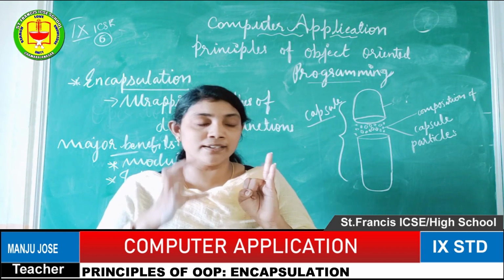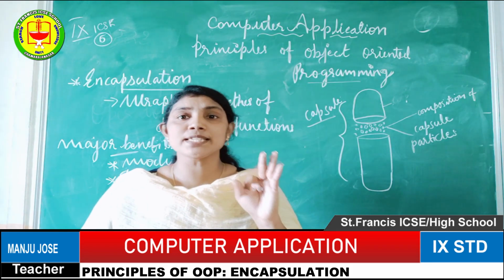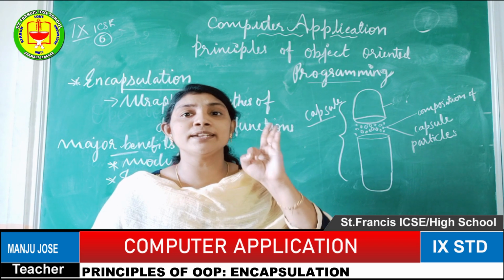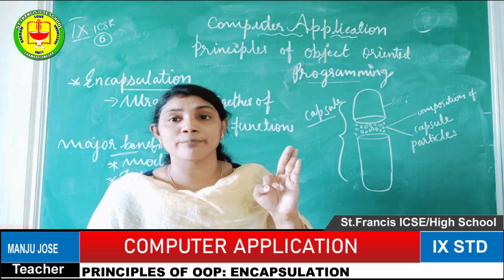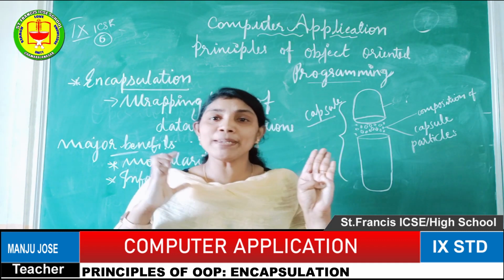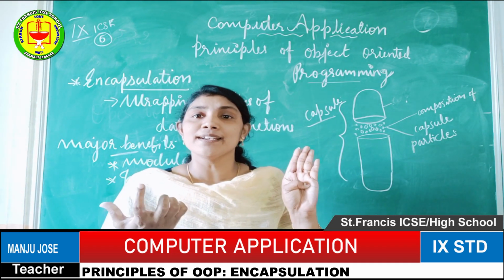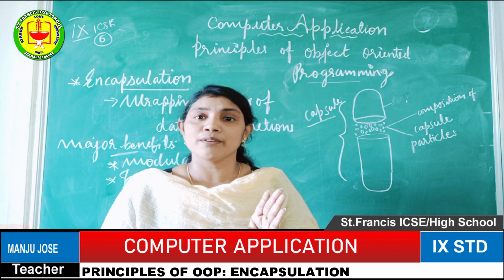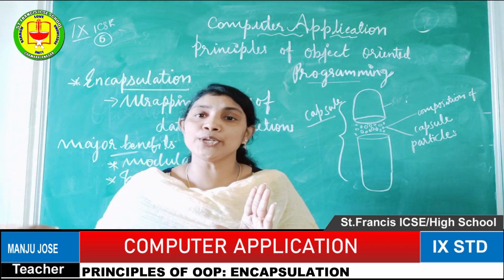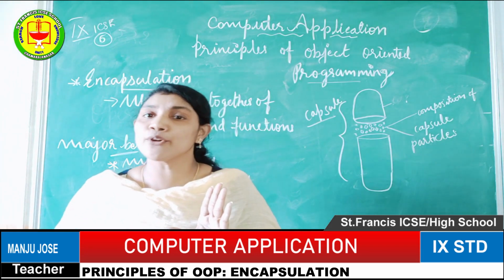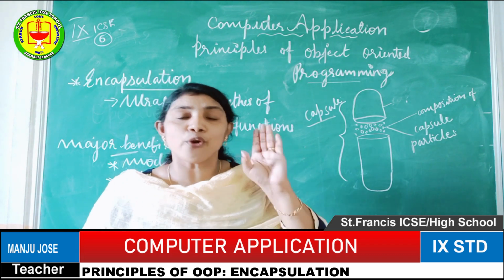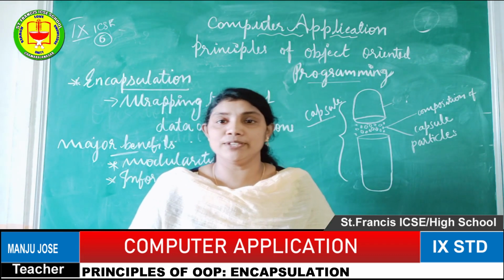Polymorphism means one particular object shows different behavior and different characteristics at different times. Encapsulation means wrapping the data or content together to save it from access by outside users or misuse by unauthorized users. So these are the four principles of object oriented programming language.